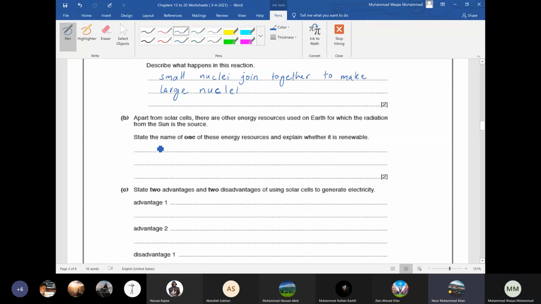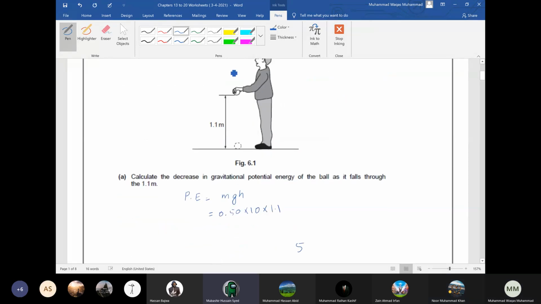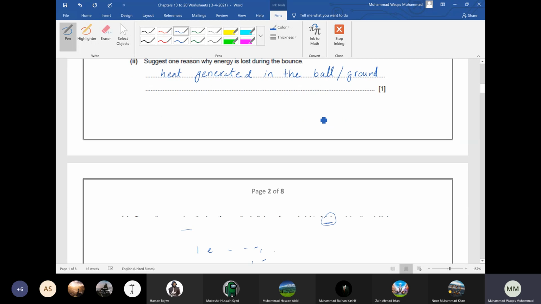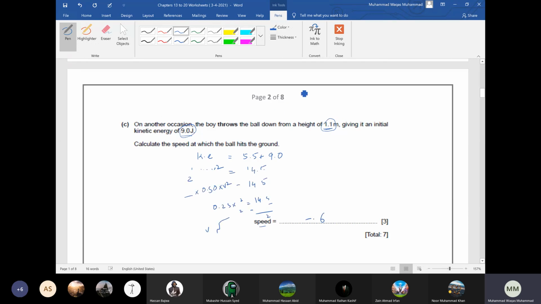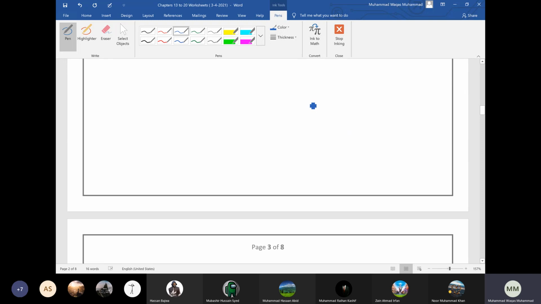Wind, sir. Okay, beta, wind. Or geothermal. Beta, geothermal, you remember I told you there are only three energy sources except the sun as the primary source for all the energy sources. And you know what those energy sources were?